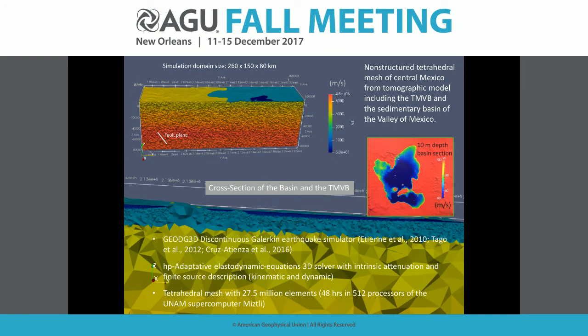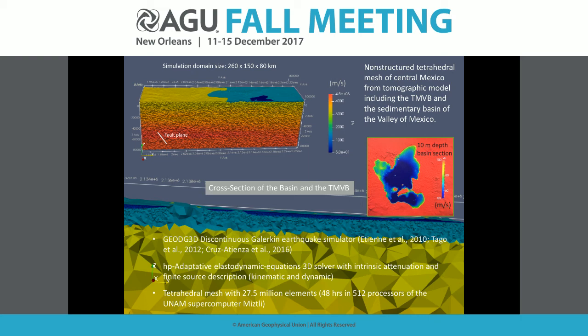So what we did was perform some numerical simulations using a platform we have developed during the last 10 years or more, a discontinuous Galerkin approach that solves the elastodynamic equations with viscoelasticity, so that we can introduce very accurately the way Q varies with frequency.